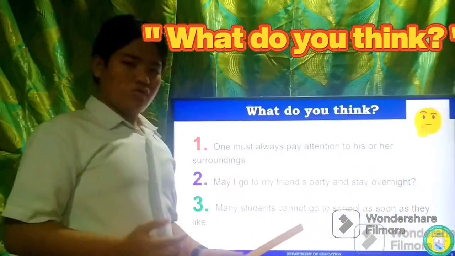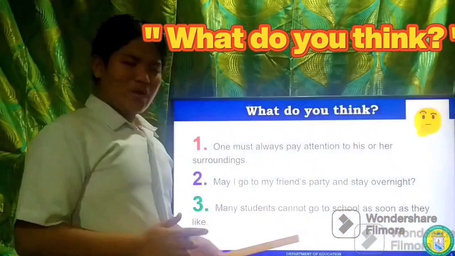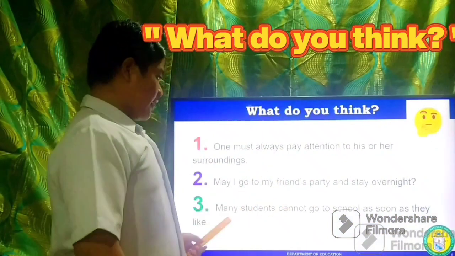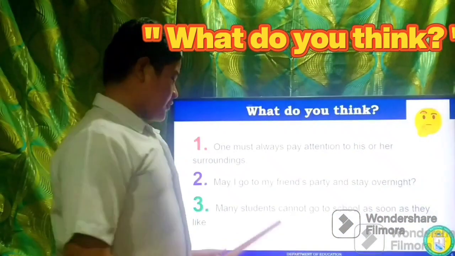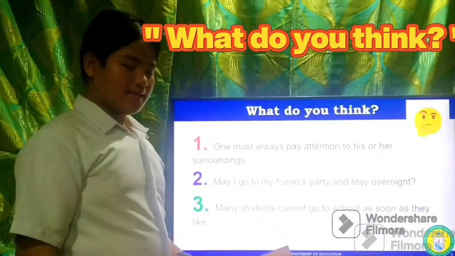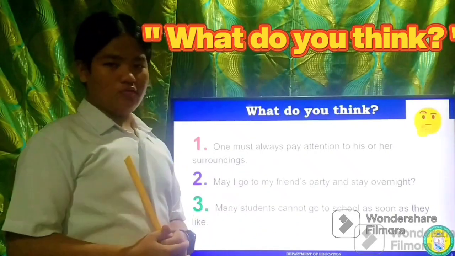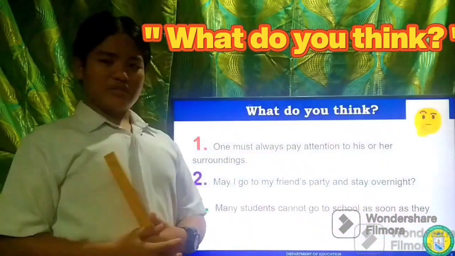So all you have to do is to identify which among the sentences expresses permission or consent to do a certain task, and which among the sentences shows duties and responsibilities that someone is obliged to do. Lastly, which among the sentences prohibits you to do something.